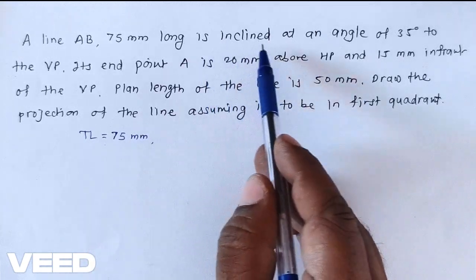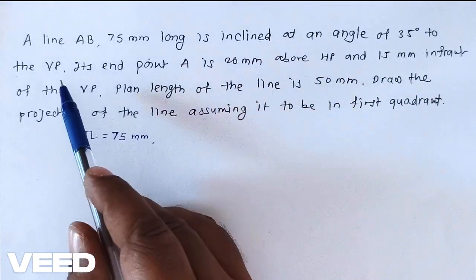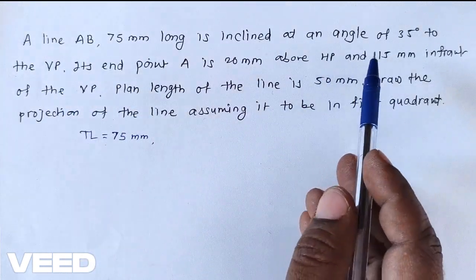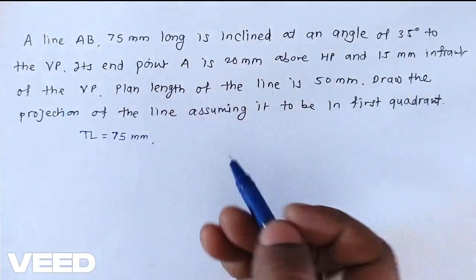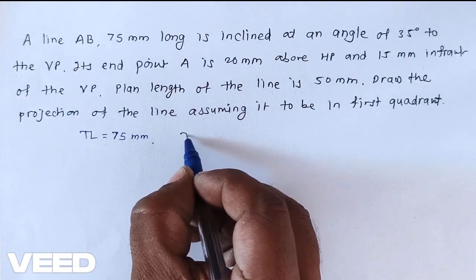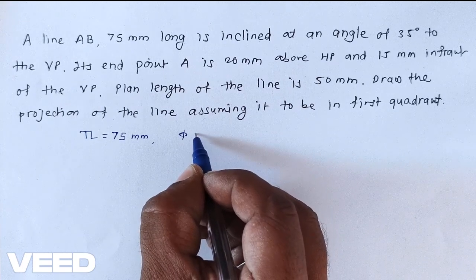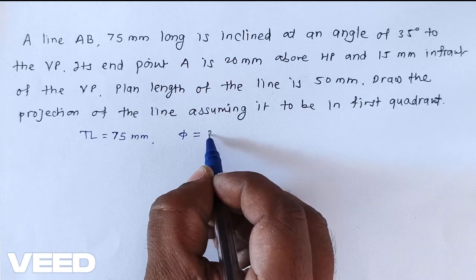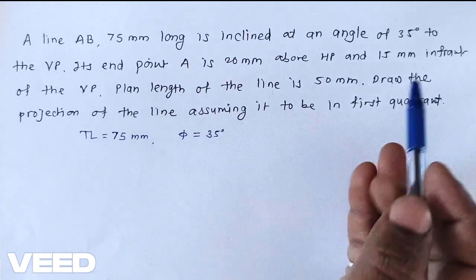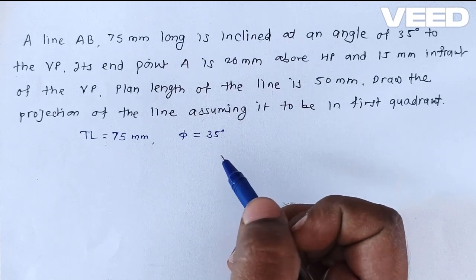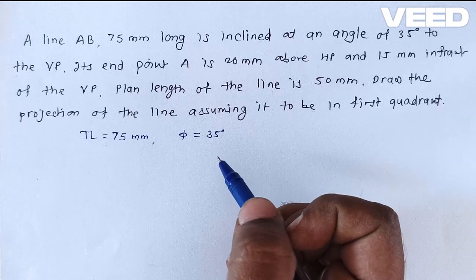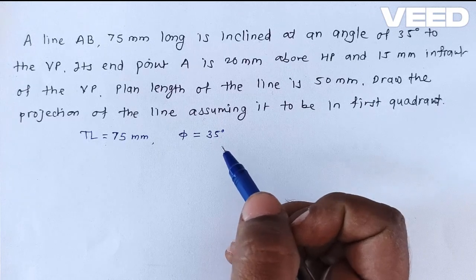Then it is inclined at an angle of 35 degrees to the VP, so the inclination of the line with the VP, which we denote as phi, is equal to 35 degrees. The inclination with the VP we plot in the top view, and on the inclination it is the true inclination. That's why on this we plot the true length of the line.